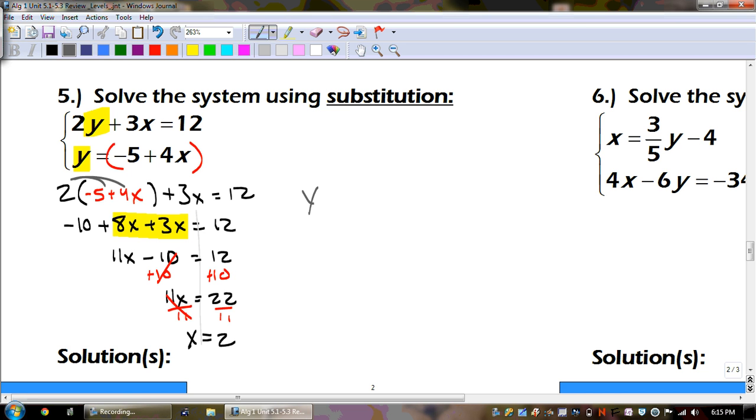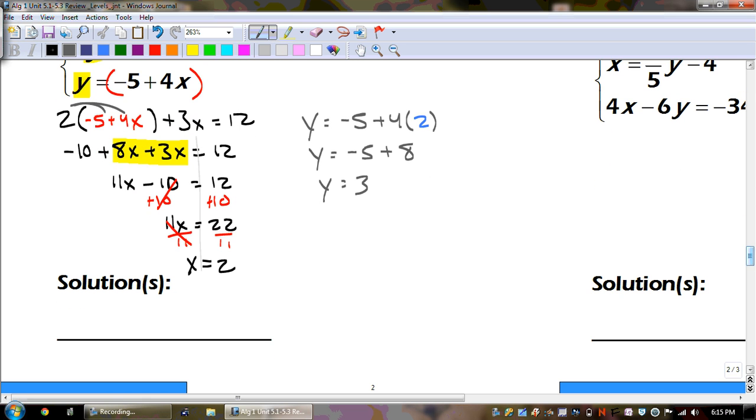We have to go back and plug into the original one to find out what y is. So, -5 plus 4 times 2, 4 times 2 is 8, and -5 plus 8 is 3. And then we use that information together to get the point 2, 3.